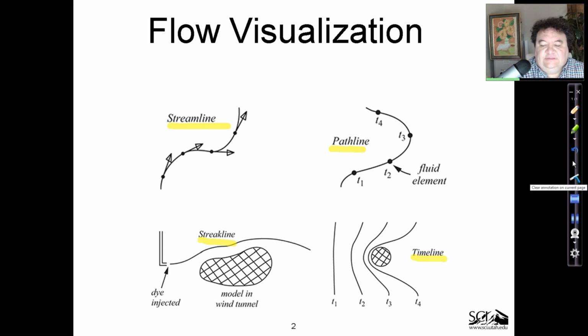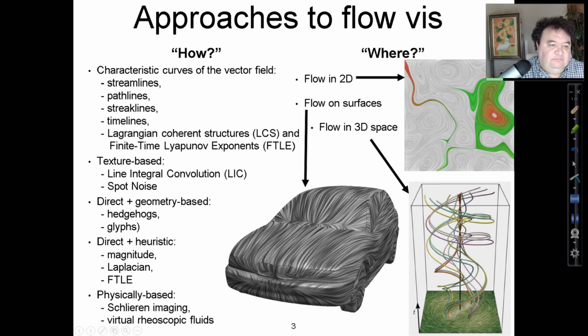So those are some of the key aspects, but they are not the only ones that are being used in flow visualization. In general, there is actually a fairly broad family of techniques that one can bring to the table when visualizing vector fields and flow in 2D and 3 dimensions.